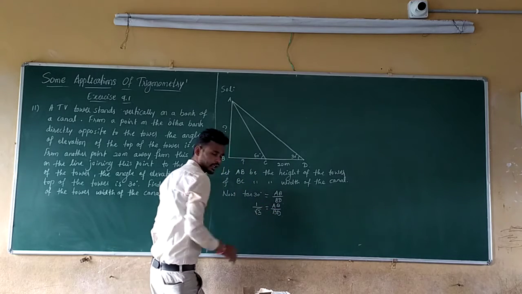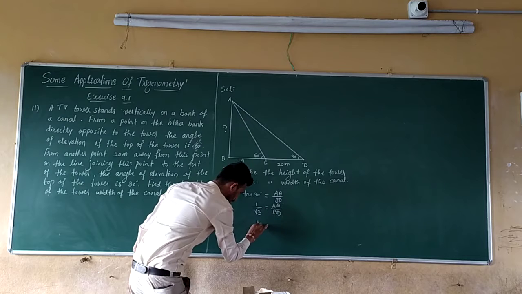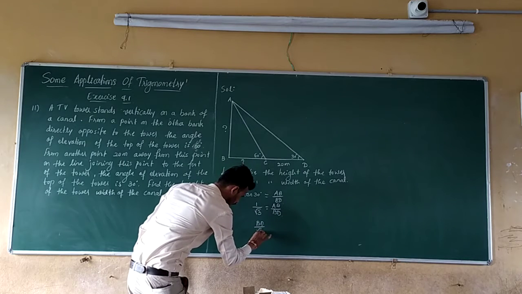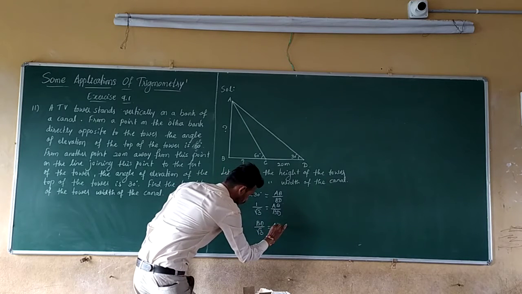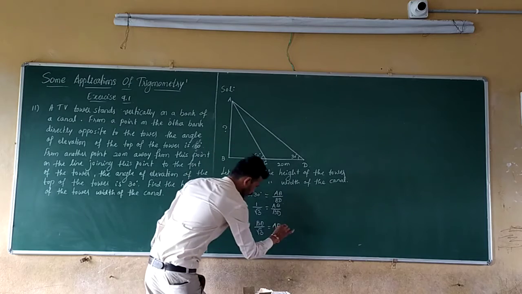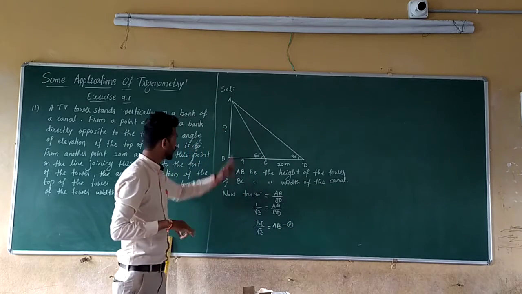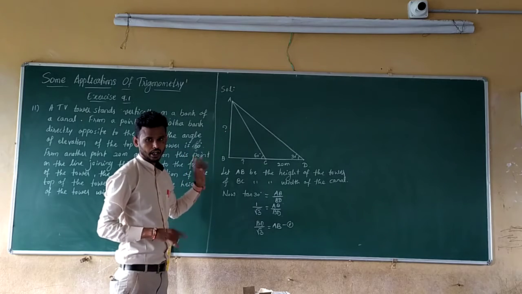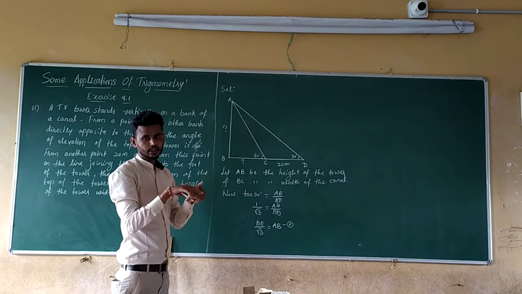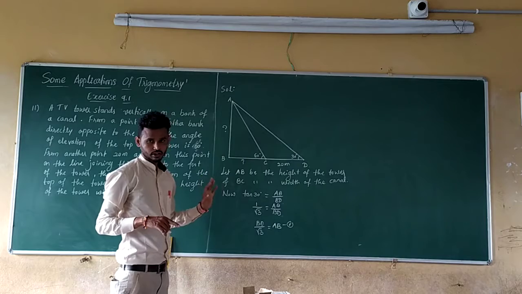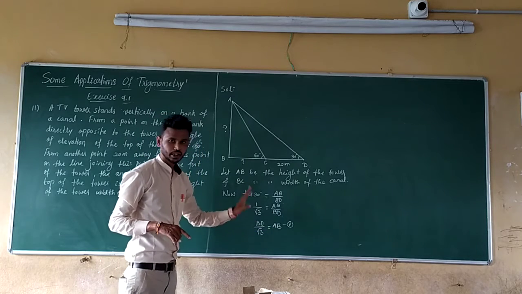Bring BD to the other side, you will get BD by root 3 is equal to AB. Let us take this as equation 1, because another equation also you will get in the form of AB only, and by those two equations we can equate the other two things. So I have converted this in terms of AB.